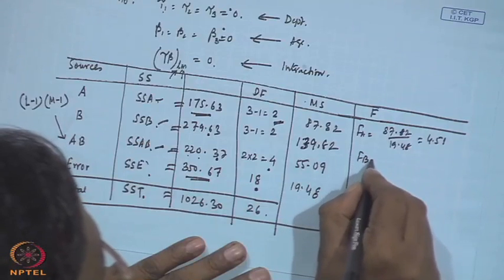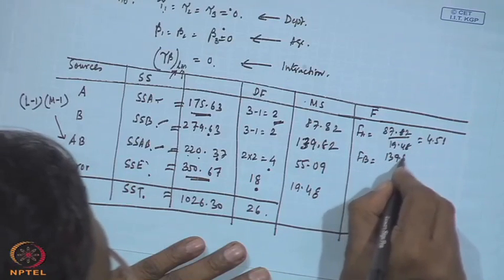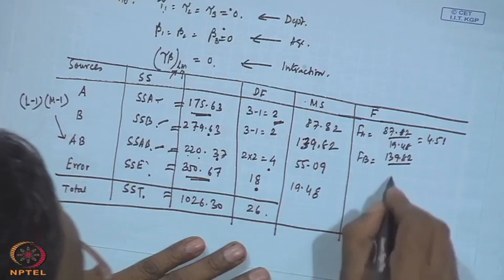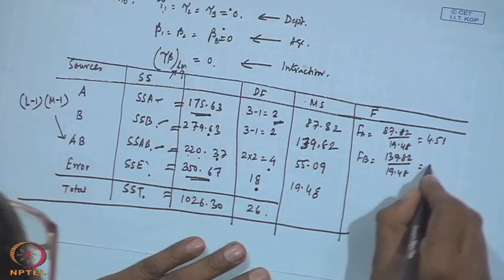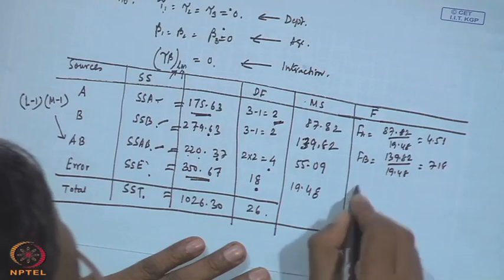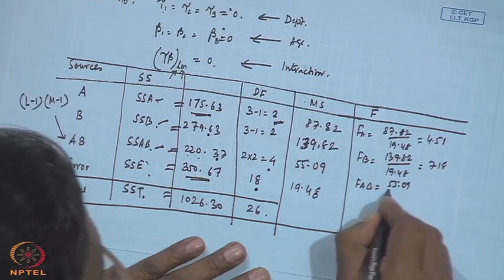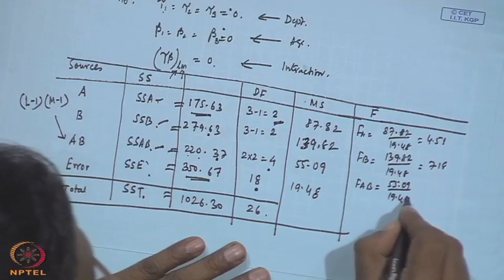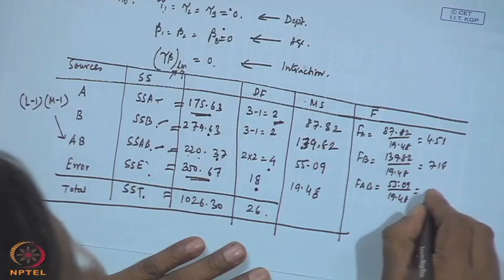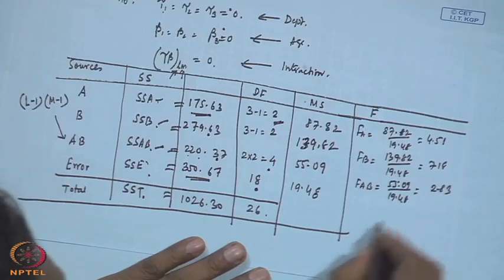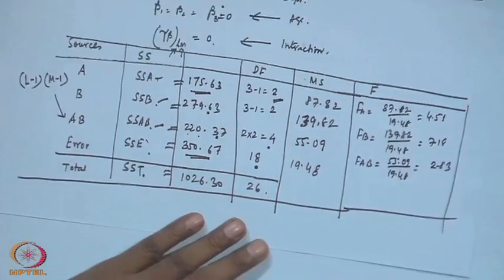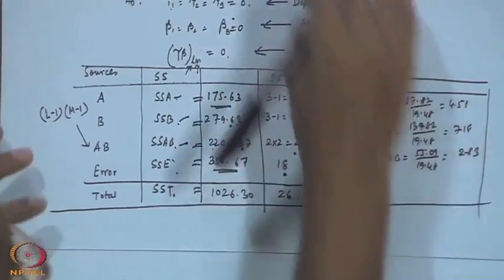Then FB, 139.82 by 19.48. This value is 7.18. Then FAB, which is 55.09 by 19.48, which is our 2.83. So, your ANOVA table is ready.